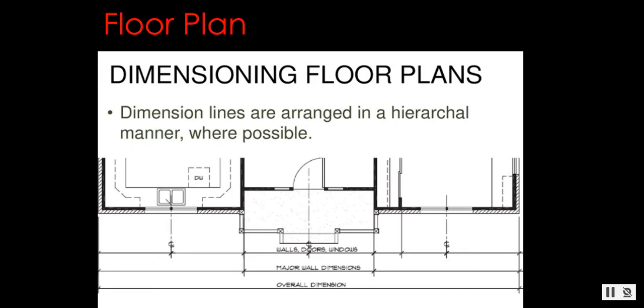So it's just showing you right here in these arrows that the dimension lines are above the plan. Now, dimensioning floor plans. Dimension lines are arranged in a hierarchical manner where possible. So normally we always go from general, and each line you go in becomes more and more detailed. So overall dimension right here, that's just from one corner to the next.